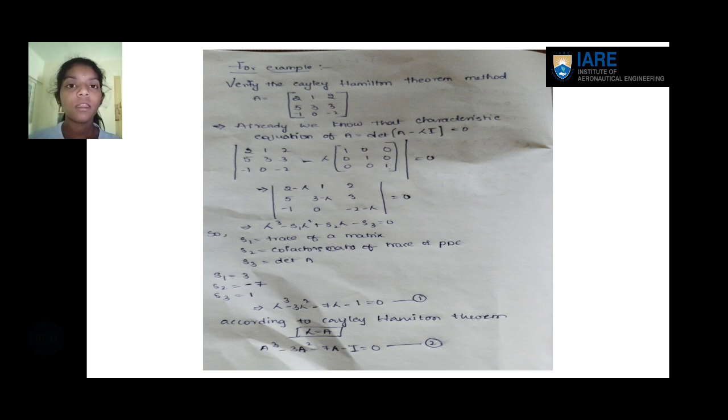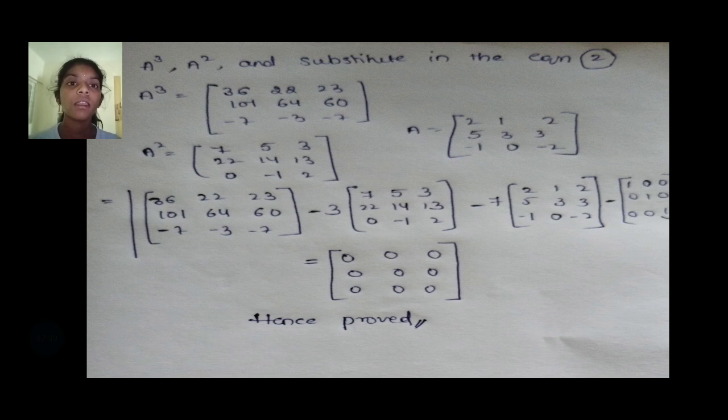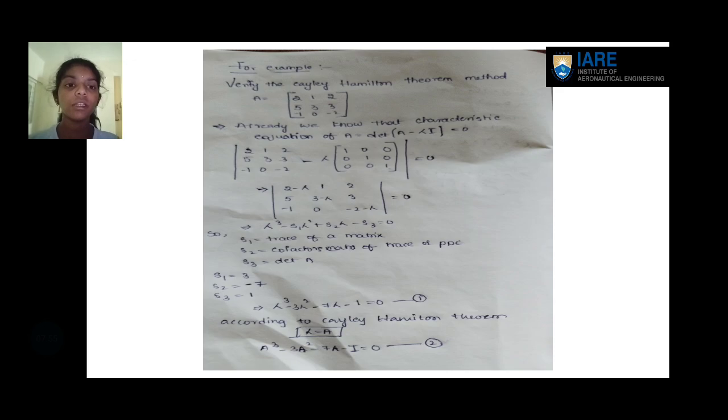As we discussed, according to the Cayley-Hamilton theorem, replacing lambda with A, we get A cube minus 3A square minus 7A minus I equals 0. This is the second equation. So find A cube and A square and substitute in equation 2.